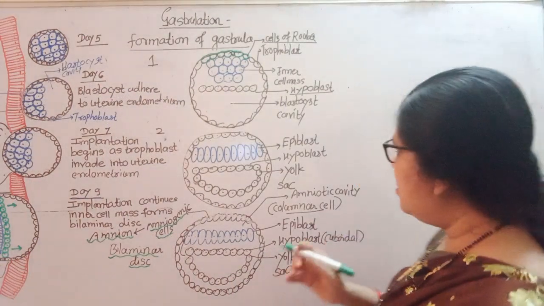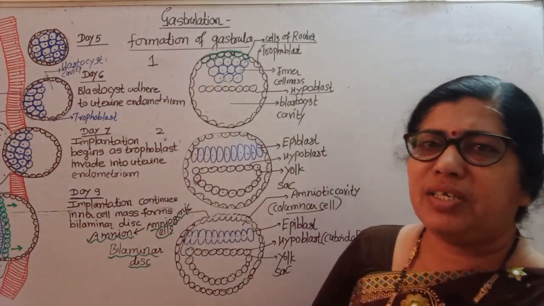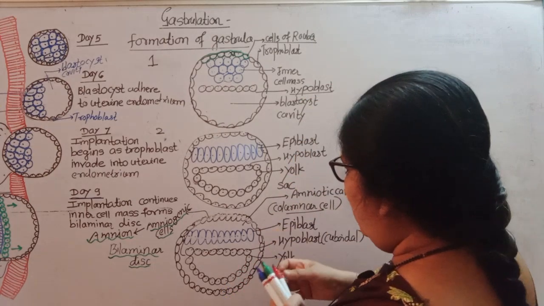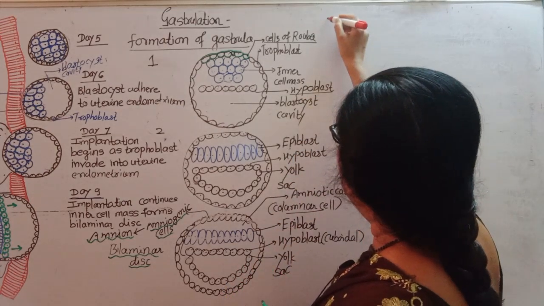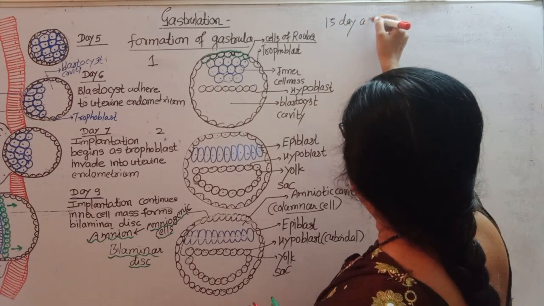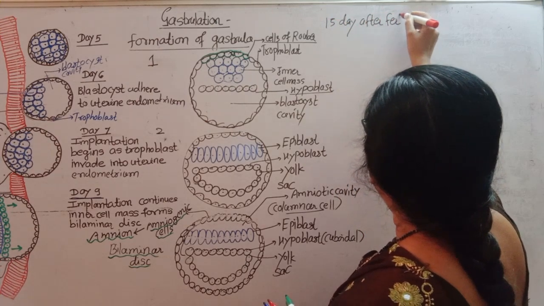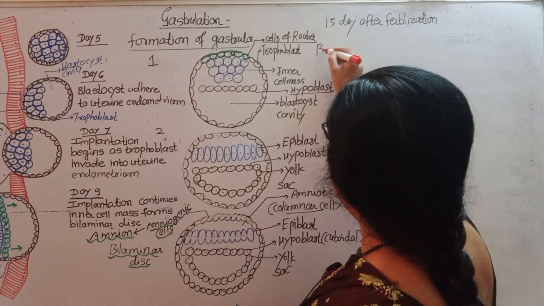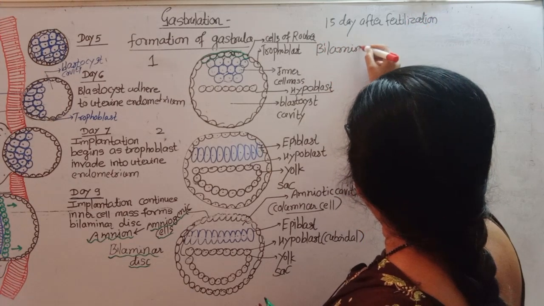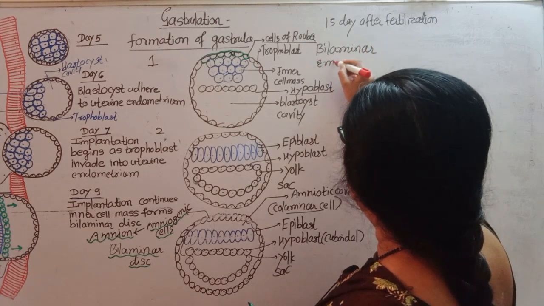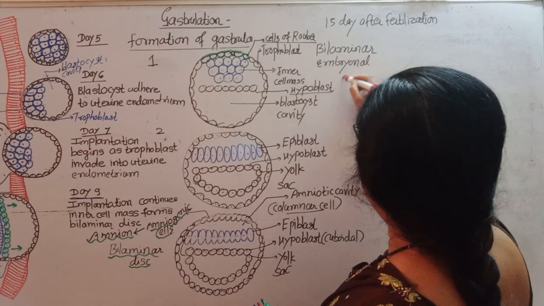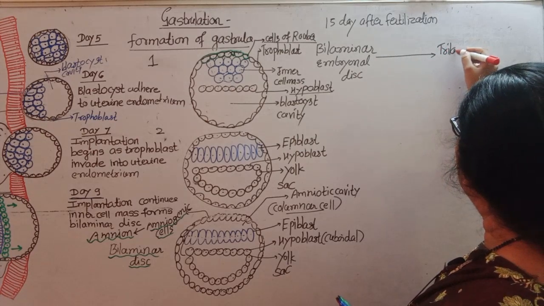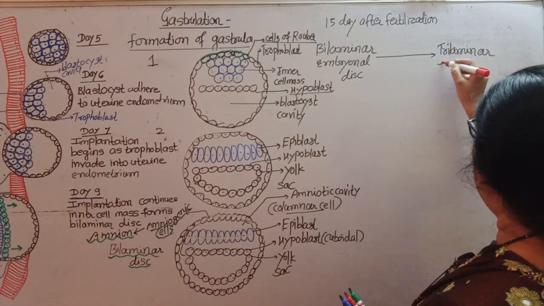Actual gastrulation occurs about 15 days after fertilization, in which bilaminar embryonal disc is transformed into trilaminar embryonal disc.